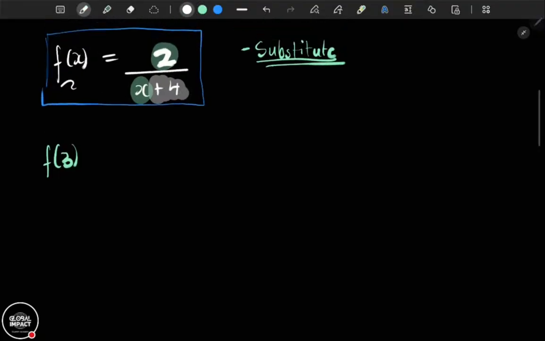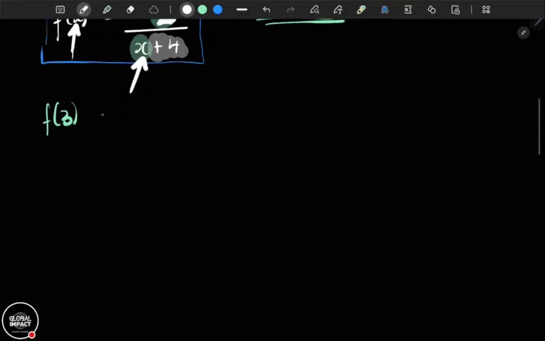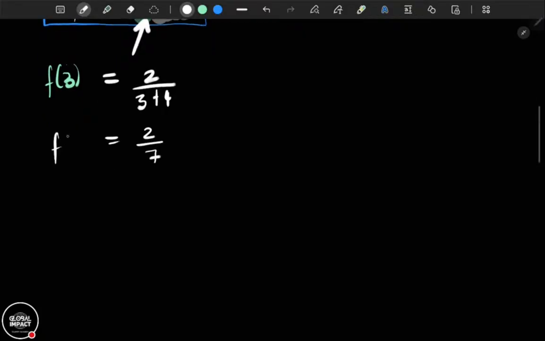We are going to put 3 where there is x in the function. Wherever there is x in your function, you are putting 3. So f of 3 will be 2 over, where there is x, you are putting 3. So 3 plus 4, which becomes 2 over 7. This is going to be our f of 3.